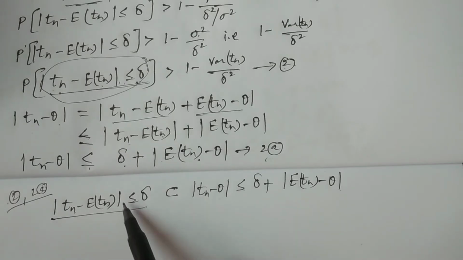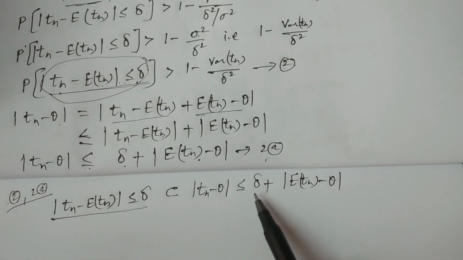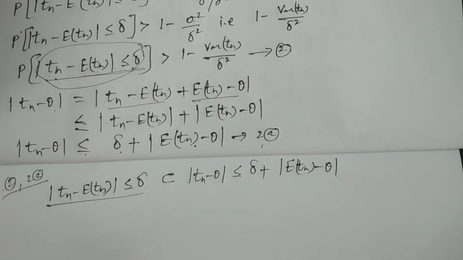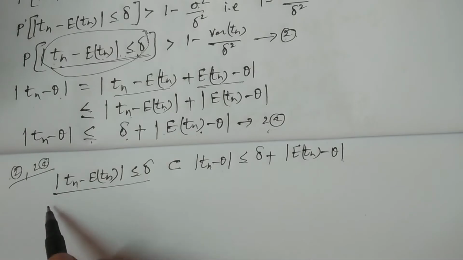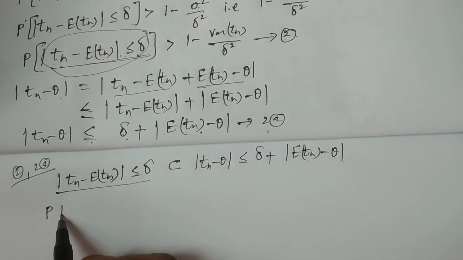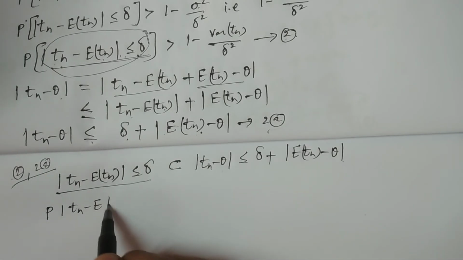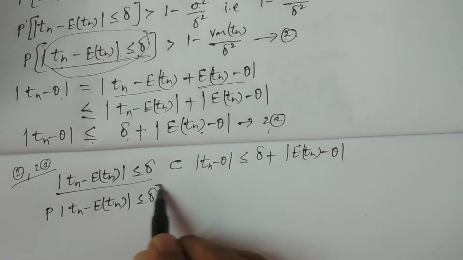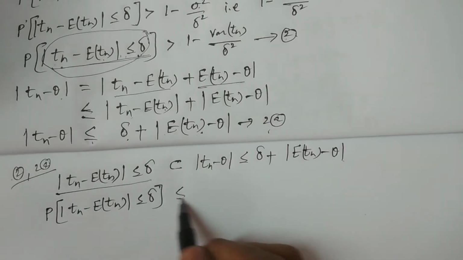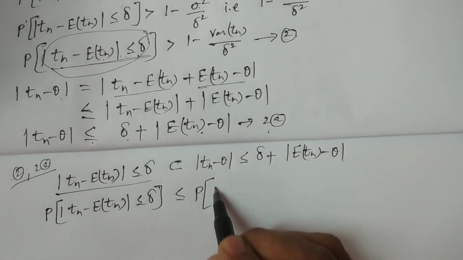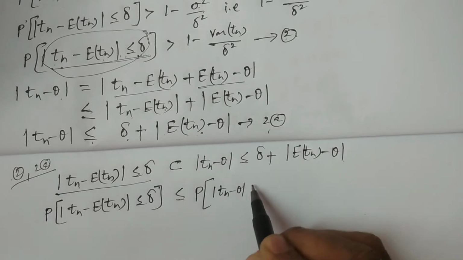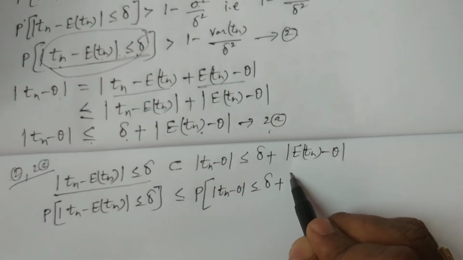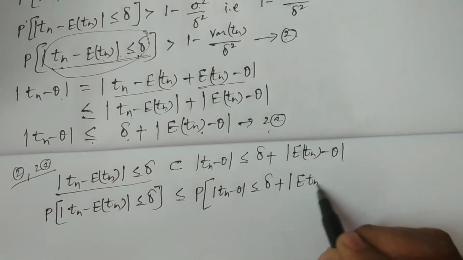For example, if A is contained in B, then probability of A is less than or equal to probability of B. A is a subset of B, so the probability of |Tn − E(Tn)| ≤ delta is always less than or equal to the probability of |Tn − theta| ≤ delta + |E(Tn) − theta|.